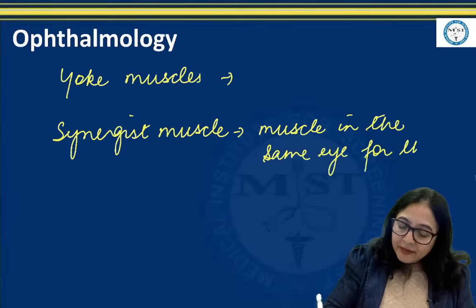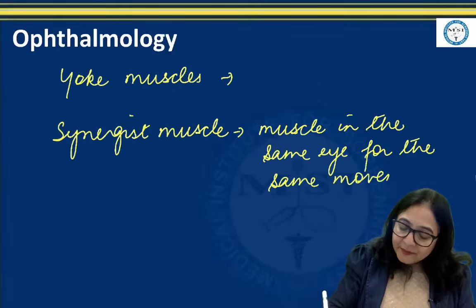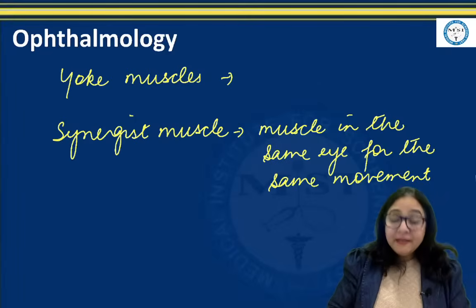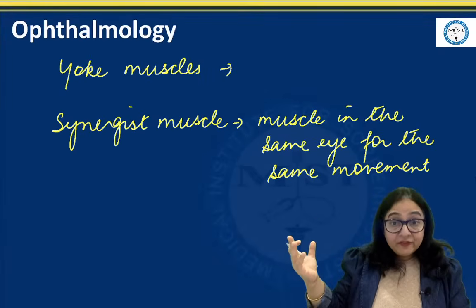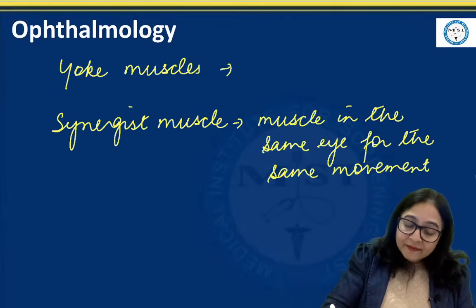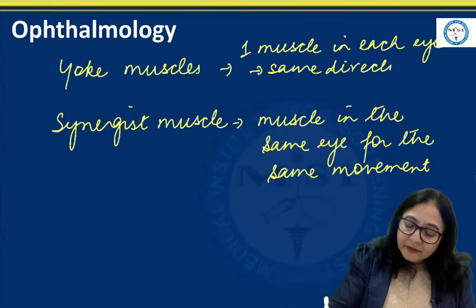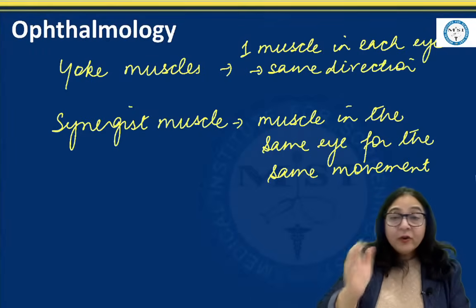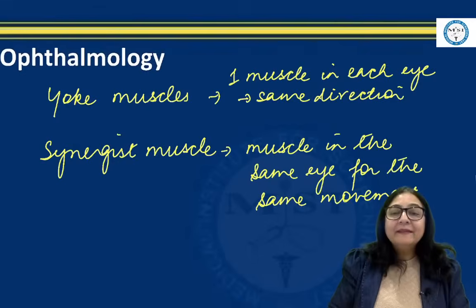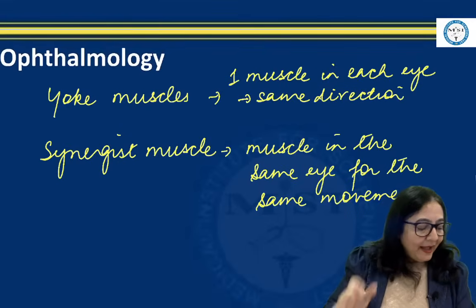For example, if we talk about adduction, then medial rectus and superior rectus will be synergist muscles, whereas yoke muscles are a pair, one muscle in each eye, moving the eyes in the same direction or gaze. So do not get confused between yoke muscle and synergist muscle.